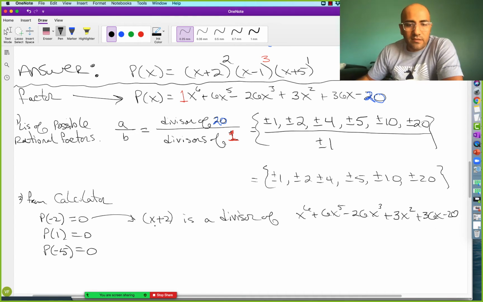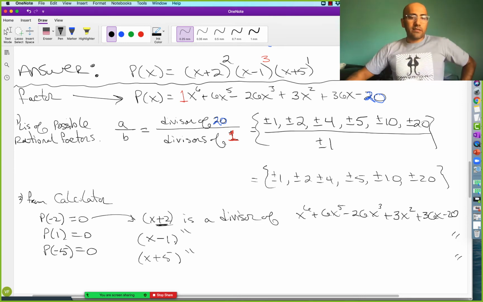Right? That's what that means. This will divide that because it's a 0 of it. And same thing with the other ones. This must mean that x minus 1 is a divisor of this ugly polynomial. And it must mean that x plus 5 is also a divisor of this ugly polynomial.